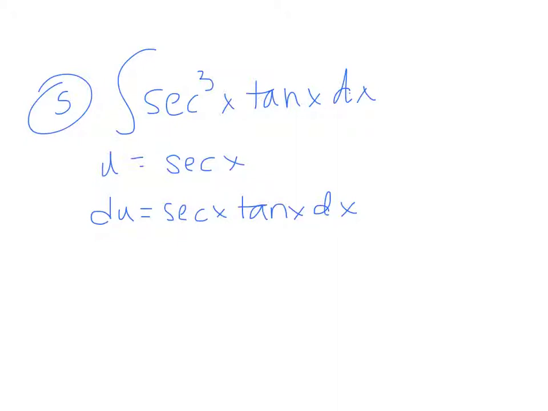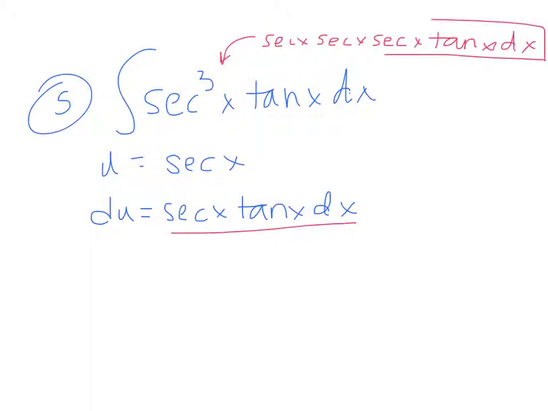So when I replace, it's helpful to think of this in expanded form. It's secant x times itself 3 times, and then a tangent x dx. Okay, so all of this is being replaced with the du. And this involves u. So do you see how it's u times u?